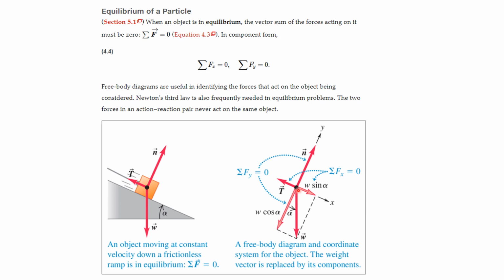And then we have the normal force pushing up, and those are of course in balance. So the summation of those y forces is zero because they're in balance, and the summation of the x forces are in balance also if it is in equilibrium. So this is a free body diagram, and we see the weight vector is replaced by its components.